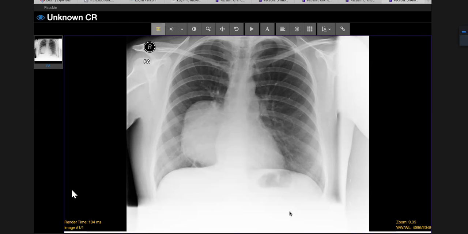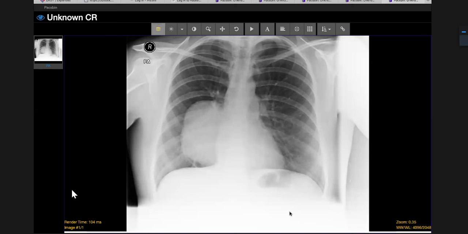I can also see the right hilum separate to this mass, which is the hilum overlay sign. So this mass is not in the anterior mediastinum. The rest of the lungs are clear. There's no pleural effusion. I'm just quickly glancing at the bones, and I think the bones are fine, just grossly.